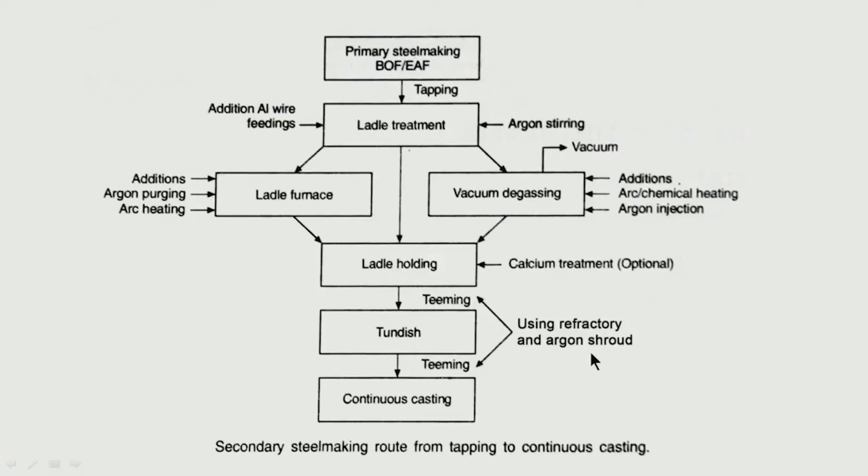There has to be a submerged entry nozzle, and some argon shrouding to protect the stream of liquid steel from getting oxidized and re-nitrogenized. So, this is the sequence of activities which are essential for getting a good quality of steel, the desired quality of steel, and to control re-oxidation of steel.